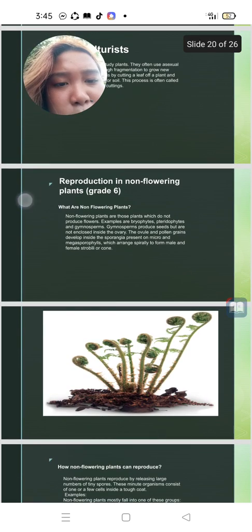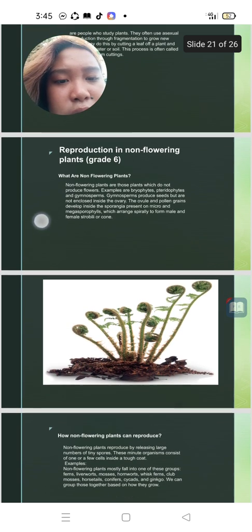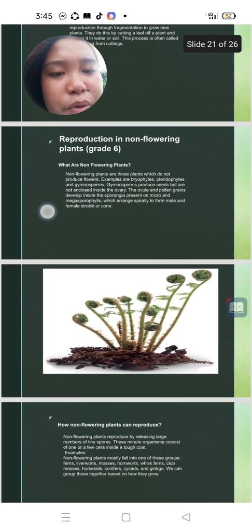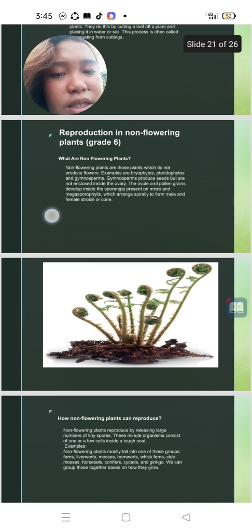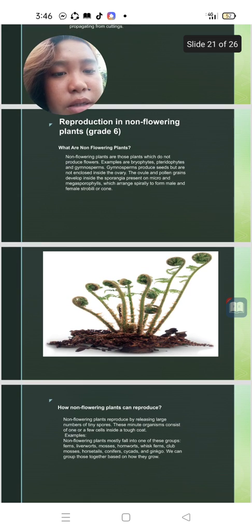So next is reproduction in non-flowering plants, meaning they do not bloom. So what are non-flowering plants? Non-flowering plants are those plants which do not produce flowers. Examples are bryophytes, pteridophytes, and gymnosperms. Gymnosperms produce seeds but not enclosed inside the ovary.